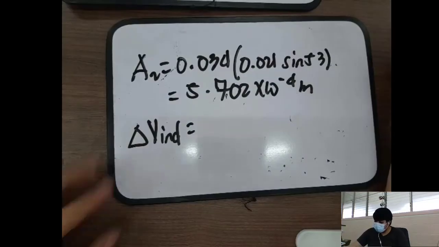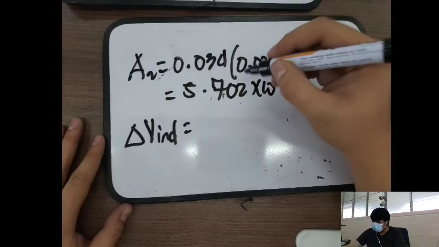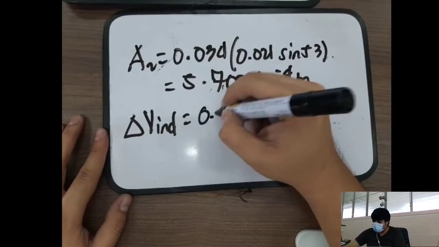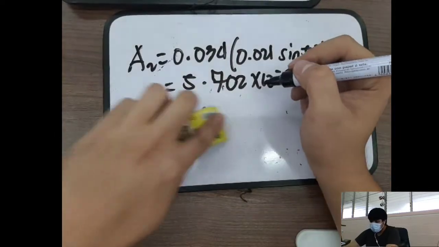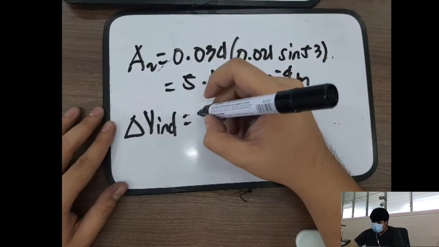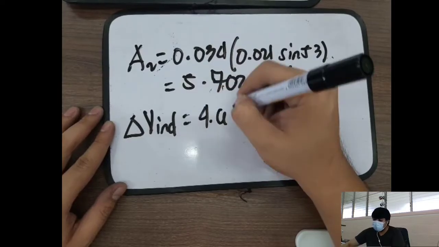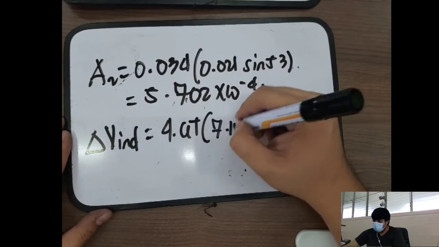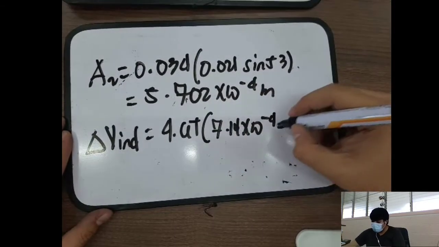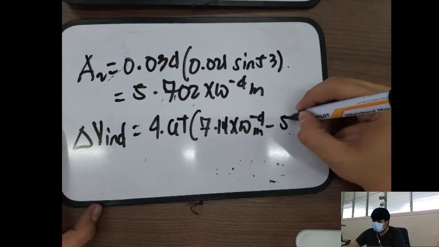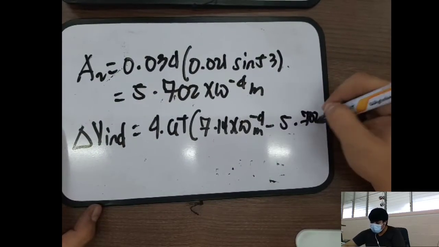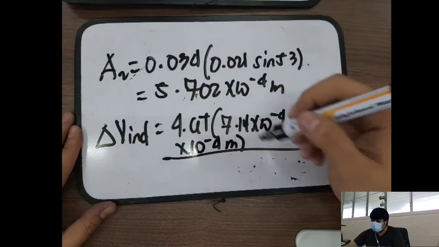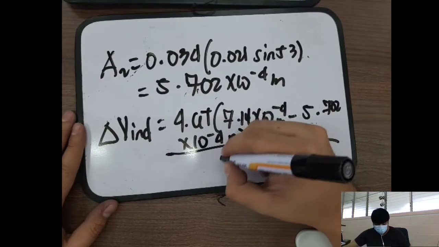It is now equal to our magnetic field, which is 4.6 Tesla, multiplied by the difference of the areas, 7.14 times 10 to the negative 4 square meters minus 5.702 times 10 to the negative 4 square meters, divided by time, which is 4.0 seconds.